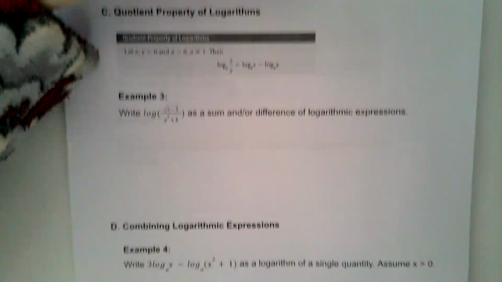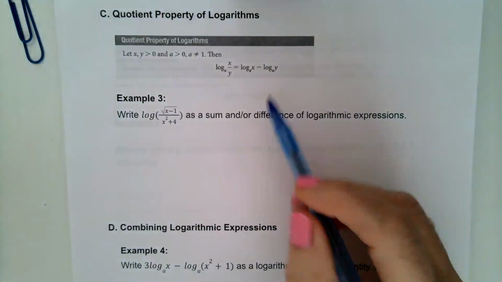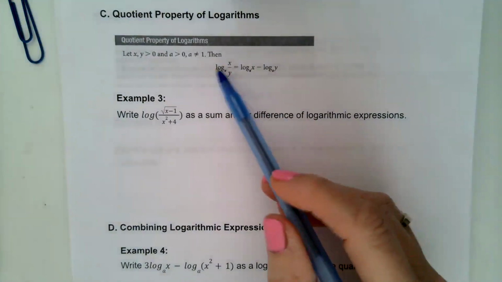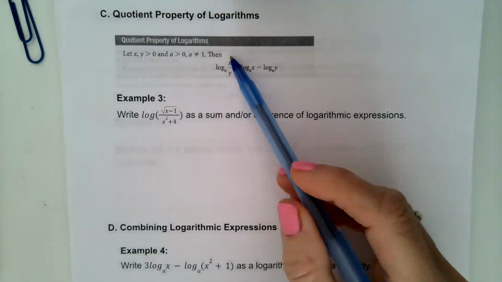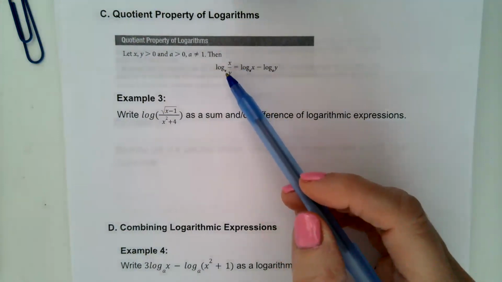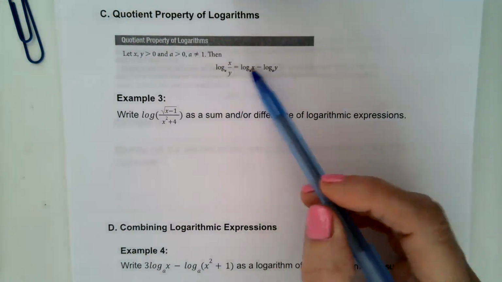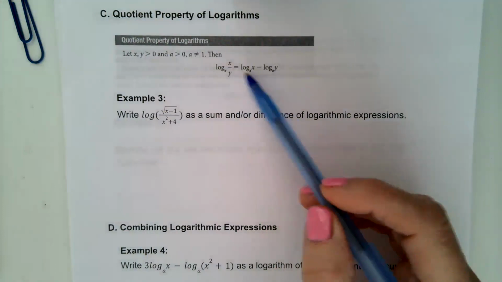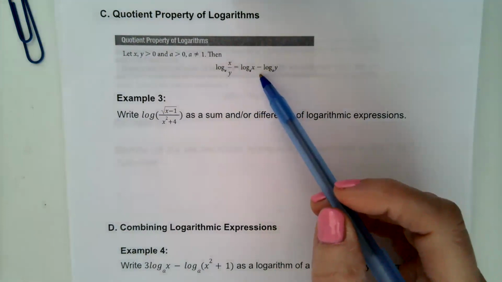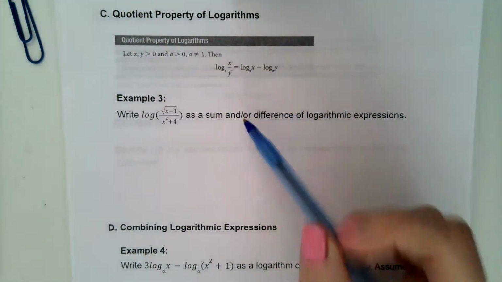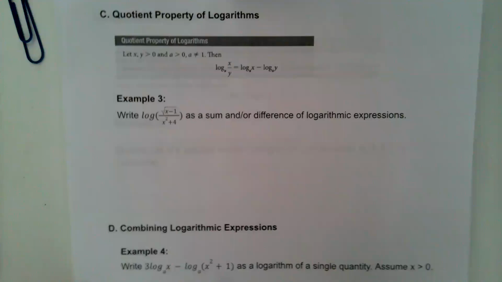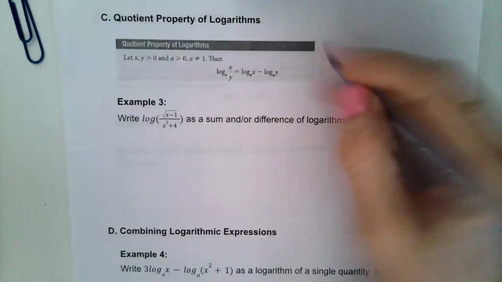We also have the quotient property of logarithms. The quotient property says that if you have a value that can be separated into a fraction or a quotient of two numbers, we can break apart those logs into the difference of their separate individual logs. So I'm just going to give you a side example.